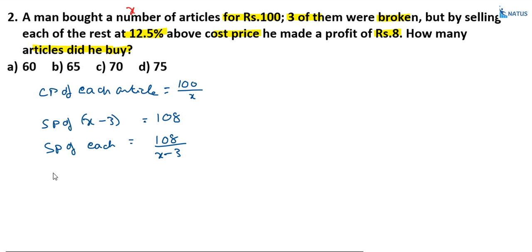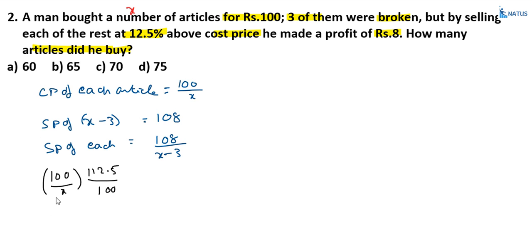Cost price 100 by X into 12.5% profit, represented as 112.5 by 100, is the selling price of each article. So this is equal to 108 by X minus 3.